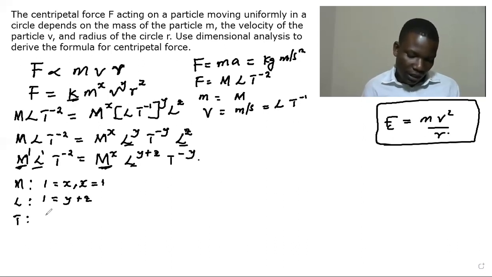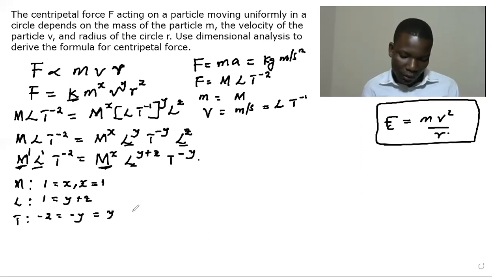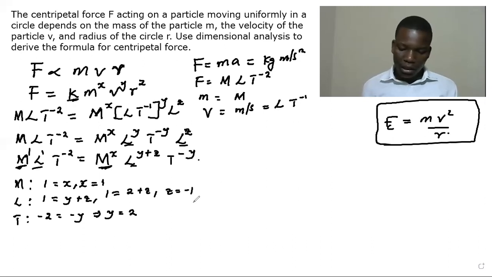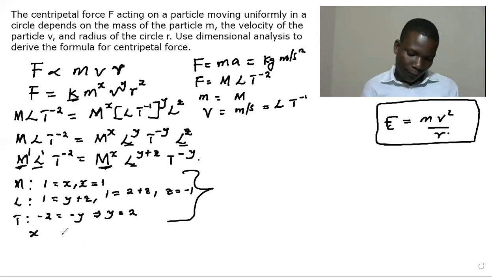For T, we have -2 equal to negative y. So y is equal to 2, because the negative and negative will cancel. So we can substitute y into this equation here, where we have 1 equal to 2 plus z, and z is going to be equal to -1. So these are the values now of x, y, and z: x is equal to 1, y is equal to 2, and z is equal to -1.